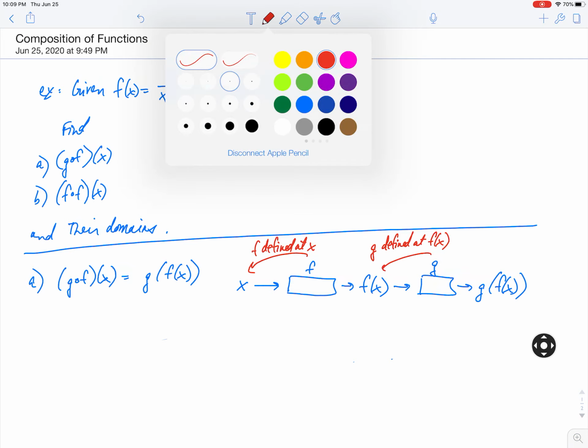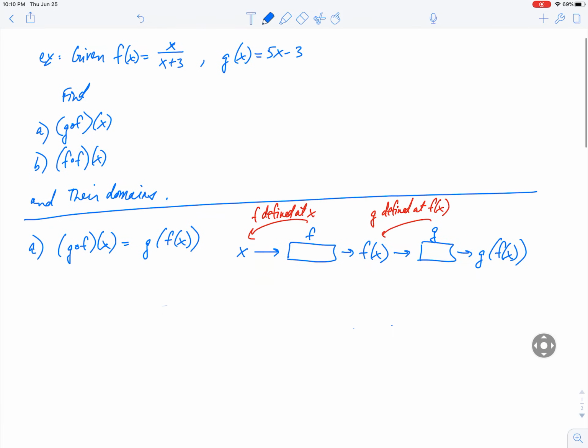Okay, so for this first one, looking at g of f of x, this is equal to, and so what we do is you first write your composition the way it's defined, and then you replace from the inside out. So I first replace f of x with what it's equal to, which is x over x plus 3.